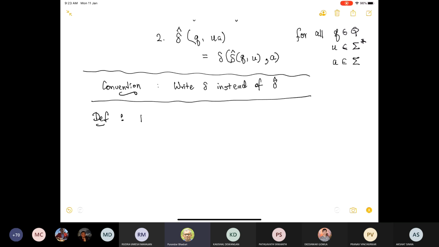Okay, we say that the DFA M, let me be more explicit.